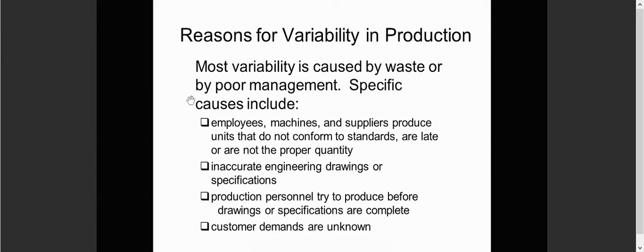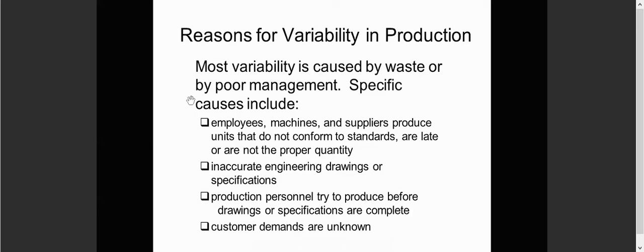And variability also caused by the production personnel that try to produce before the drawing or specification are complete. So normally the production personnel do this to do the pilot test on the new product.